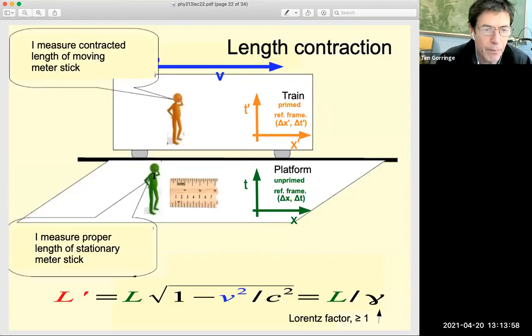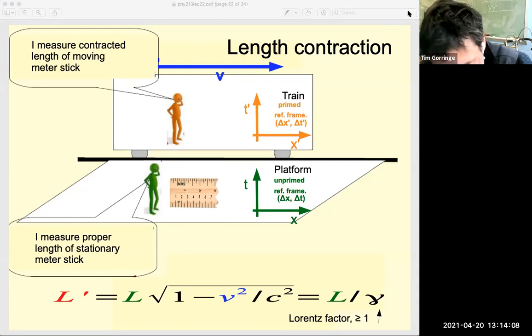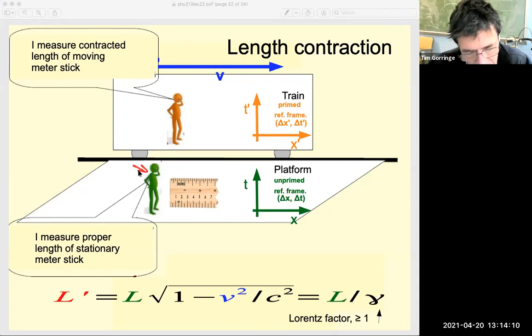So now we're back in the train and the platform, and we've got our platform observer again in green here, and we've got our passenger on the train observer in orange here. Now they're not going to be looking at a clock, they're going to be looking at a meter stick.